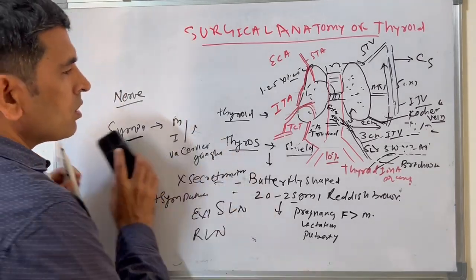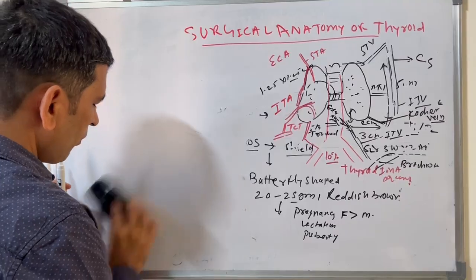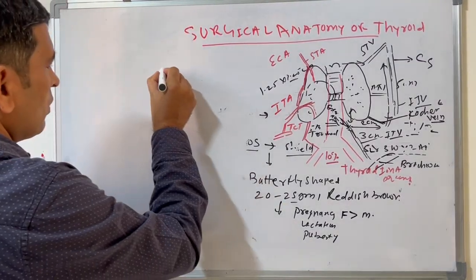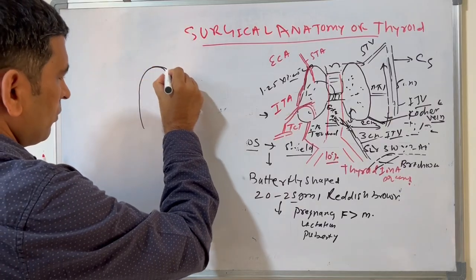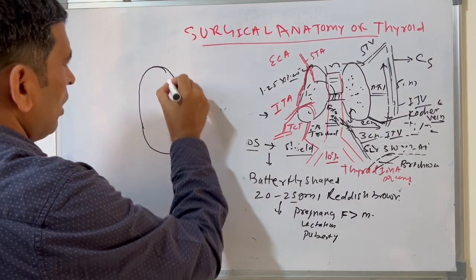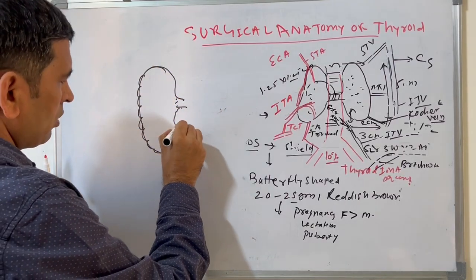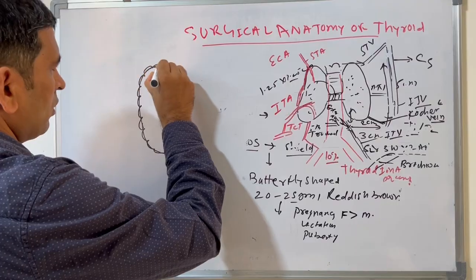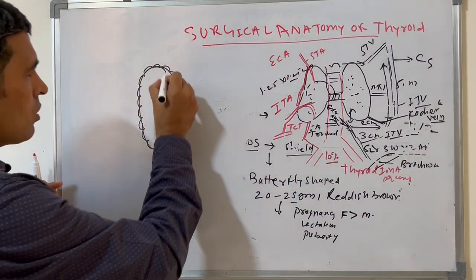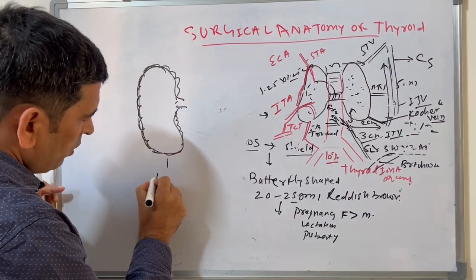Now some important relationships of this thyroid. This is the thyroid gland, and this parenchyma is adherent with the true capsule.